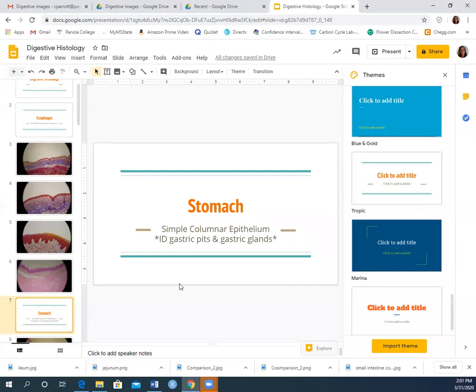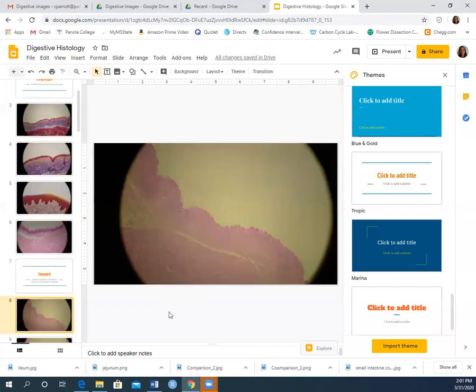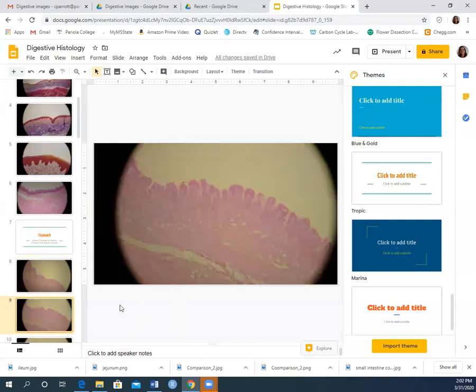Okay, so the stomach is simple columnar epithelium, and you need to be able to identify the gastric pits and the gastric glands on this. So here's the stomach, and this is zoomed way out, but I'm going to go to another slide that zooms it in a bit more.